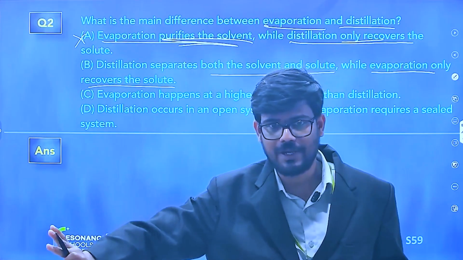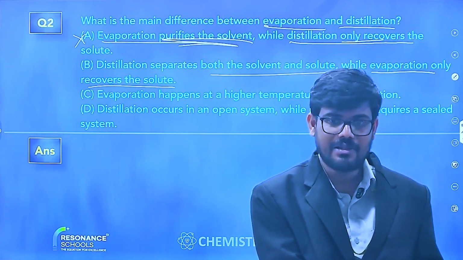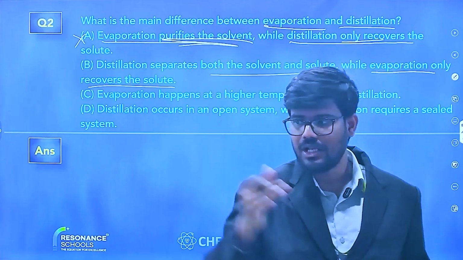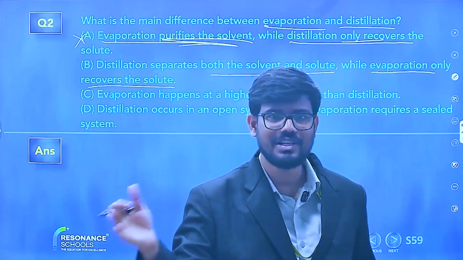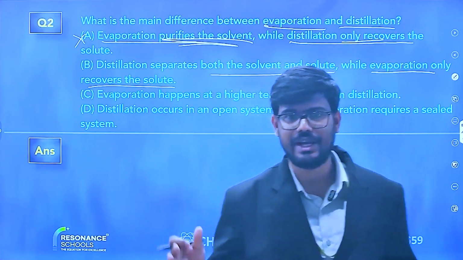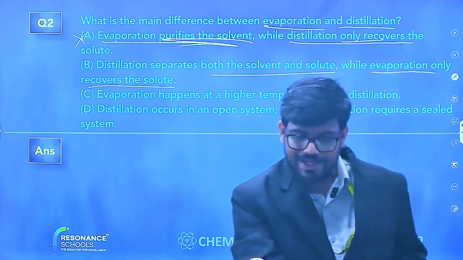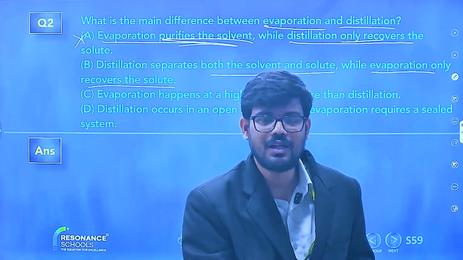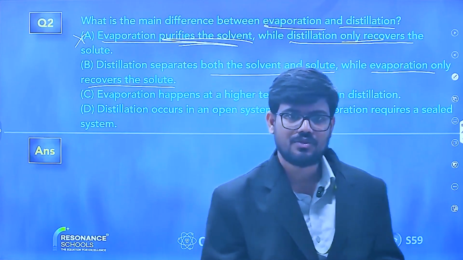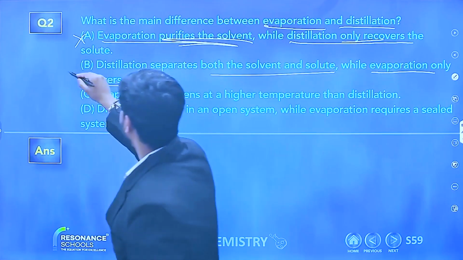So the liquid part is isolated, and the remaining part is salt. So you are separating salt and water, right? But in evaporation, the liquid part is becoming vapor, so the remaining part is solute, like salt, right? So that's why, as per this, B will be the correct answer.